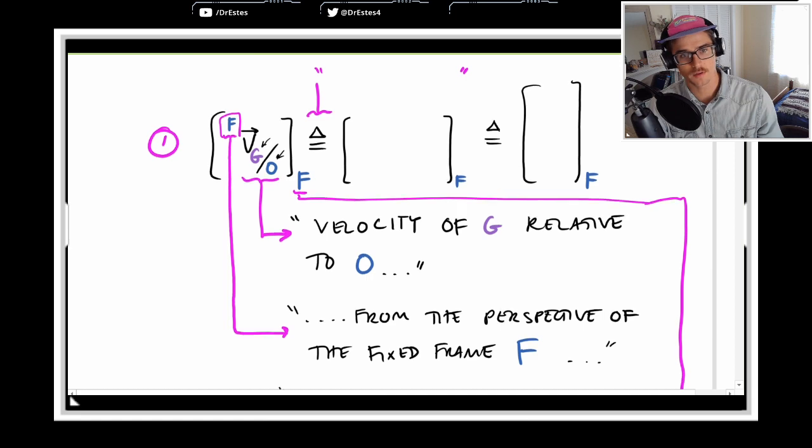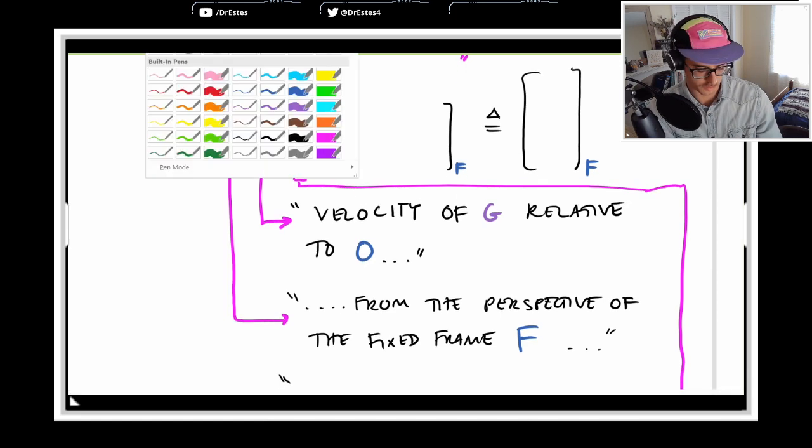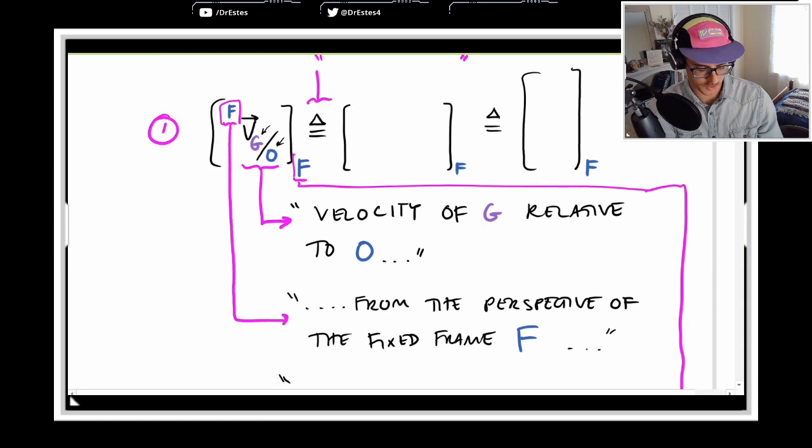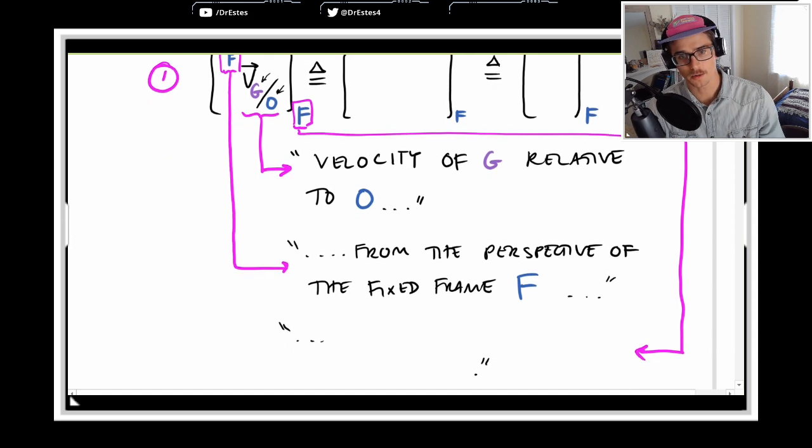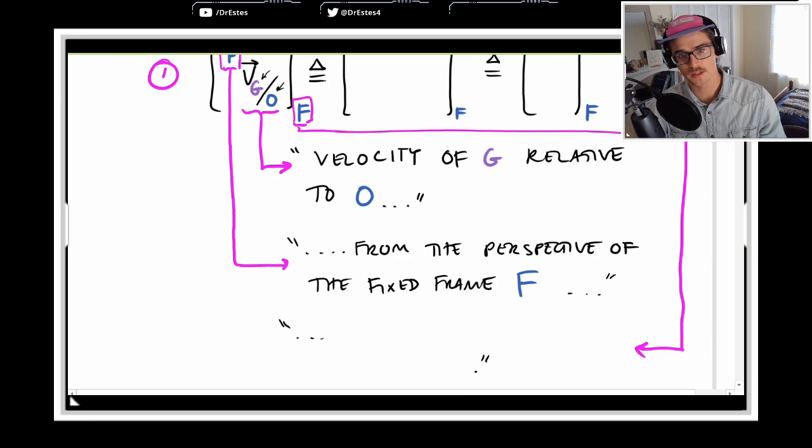And then we have this final subscript down here on the outside. And what this is talking about is when we put this in array notation, so we make a vector for that velocity, this is telling us that we're expressing this vector in terms of f-frame components.